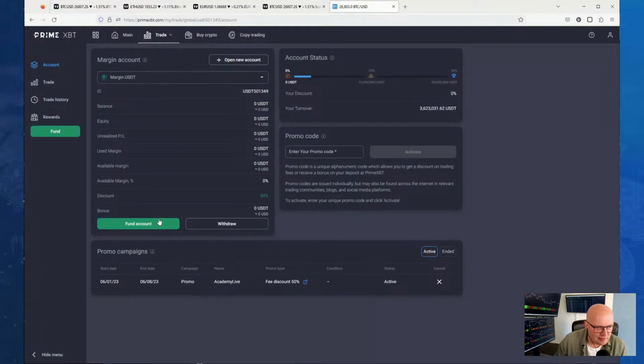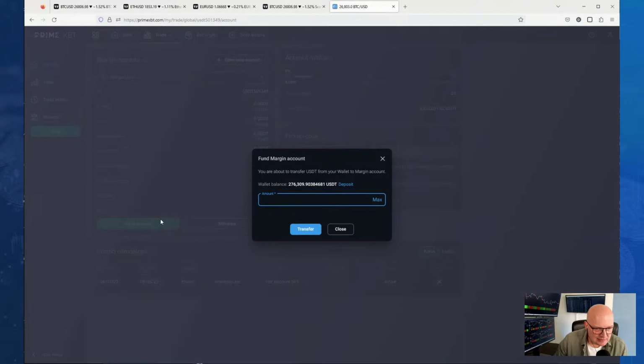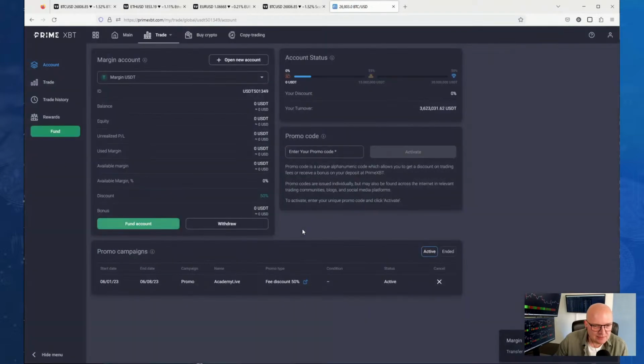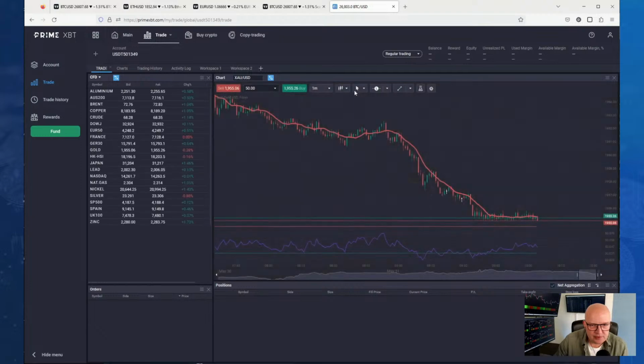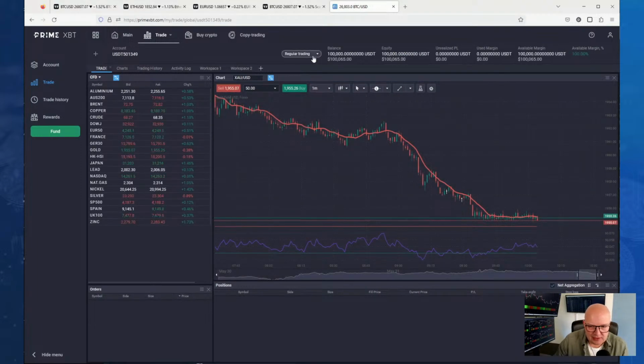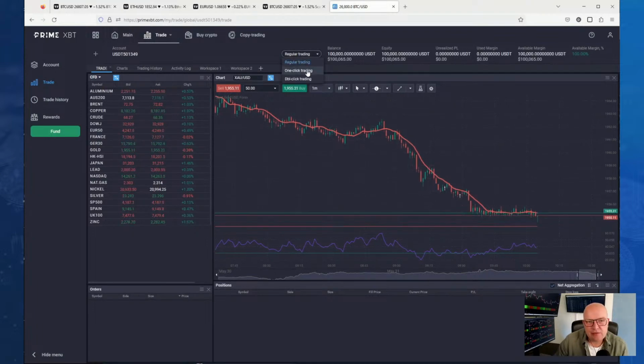Now, of course, I need to fund my account. Let's work with 100,000 today. It doesn't mean I'm going to use the full amount of money and leverage on it, but it's nice to have a little bit of backup money there. All right, good. Then we can already click on trade here. So we have the 50% discount and 100K on our account. I'm going to activate one-click trading, by the way.